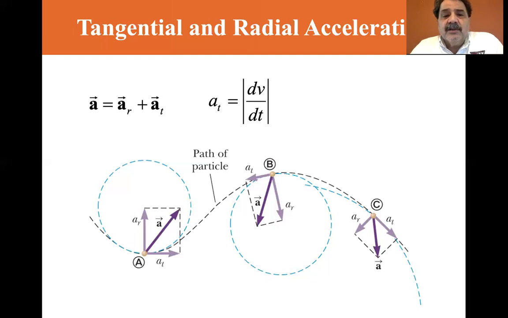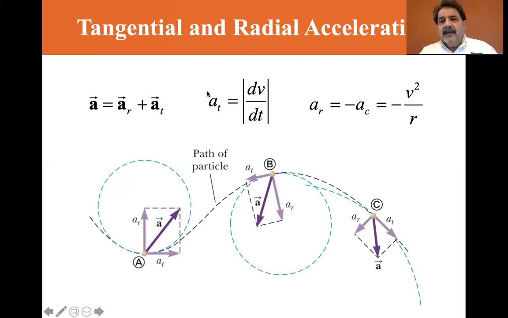The tangential acceleration is the absolute value of dv/dt. Remember, acceleration is the time rate of change of velocity. It's also the second derivative of position. And we know that a radial is equal to minus a centripetal, and that's equal to minus v squared over r.